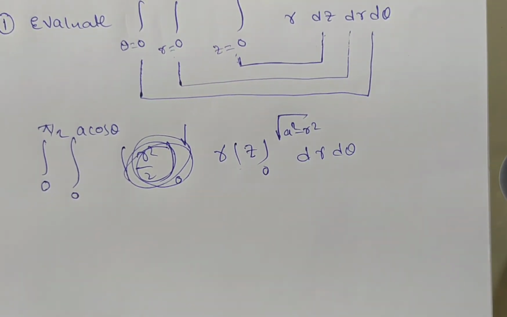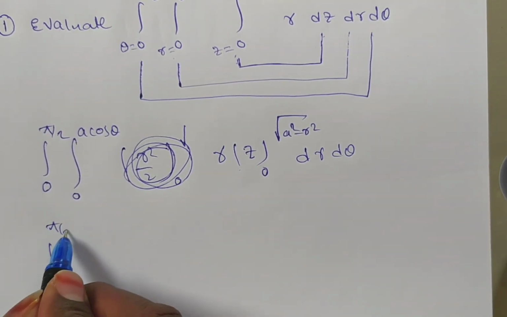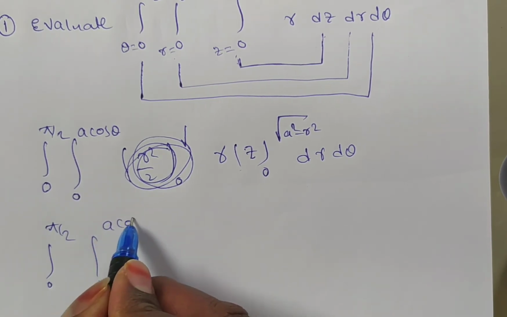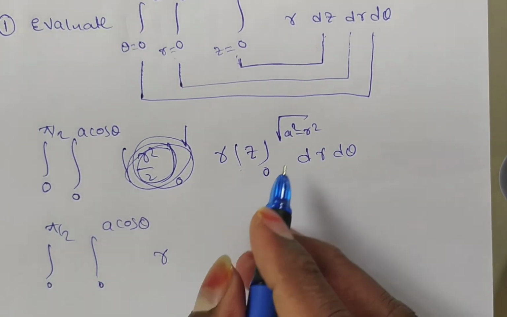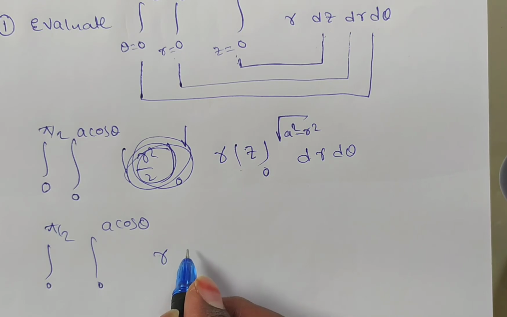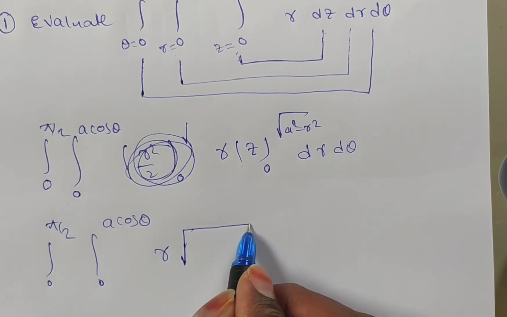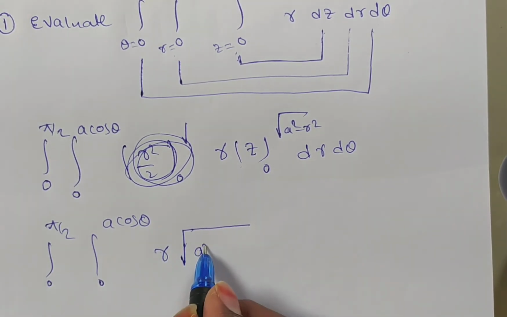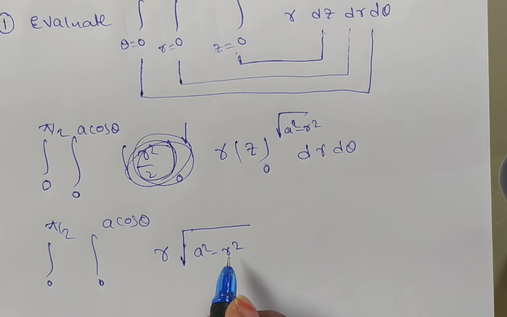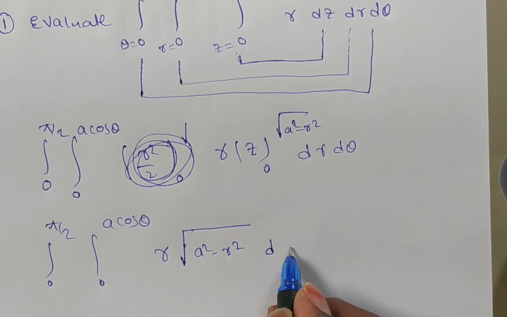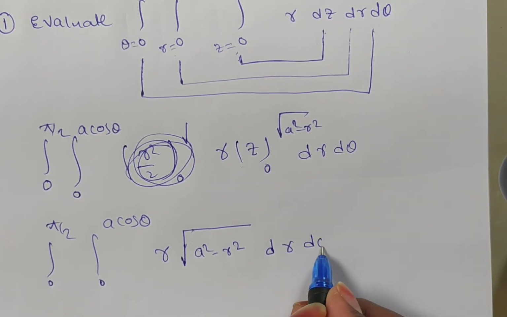Now integral 0 to pi by 2, integral 0 to a cos theta, r into the upper limit and lower limit substituted, you will have square root of a square minus r square, dr d theta.